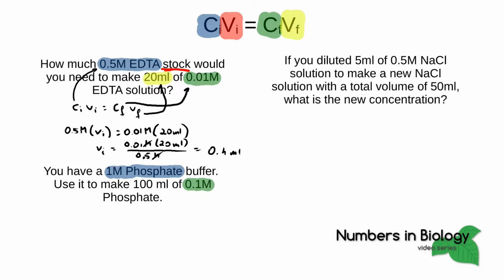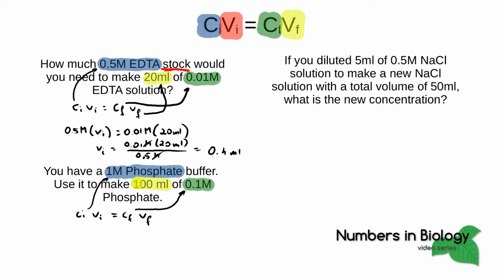And our final amount that we want to make, our final volume, is 100 mLs. So again, our CI is up here. Our VI is what we don't know. We want to solve for that. So how much of the initial phosphate buffer we need to use, we don't know. Our final concentration, CF, is the 0.1 molar.